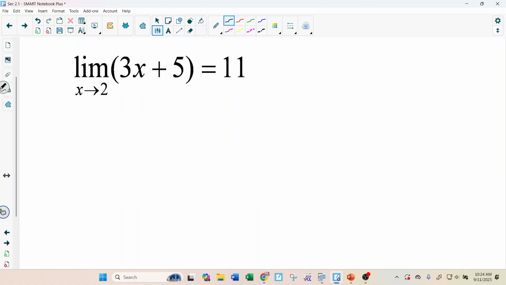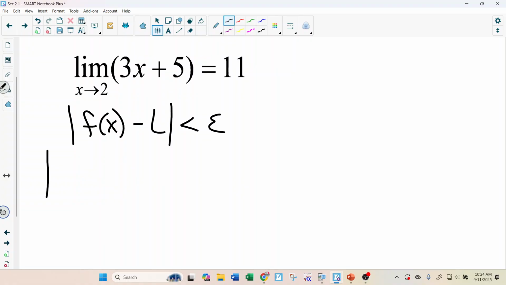We're always going to start with our |f(x) - L| < epsilon. So that is going to be |3x + 5 - 11| < epsilon. Now, we know we have our number right there is 2.